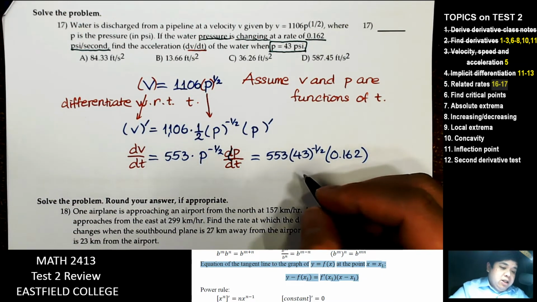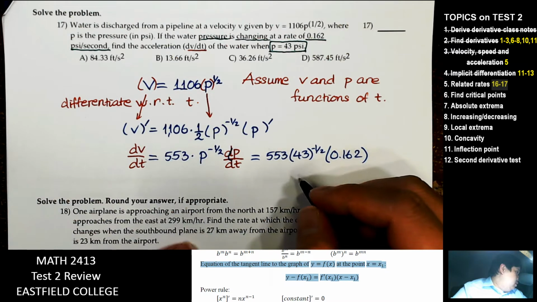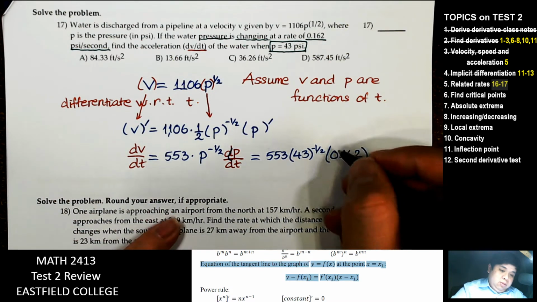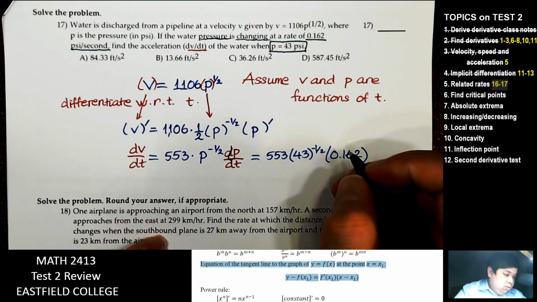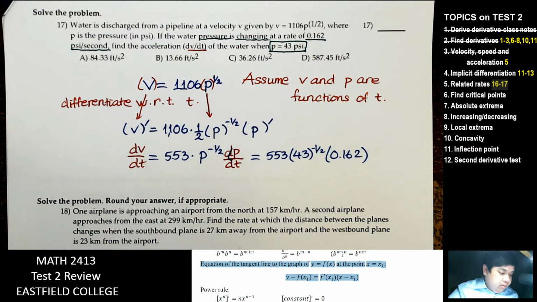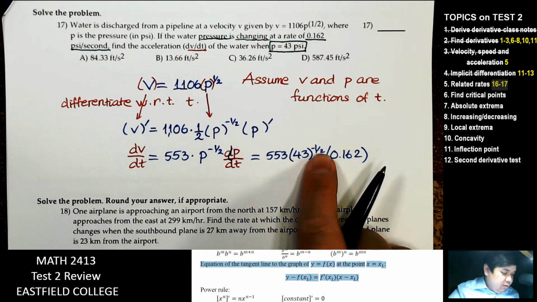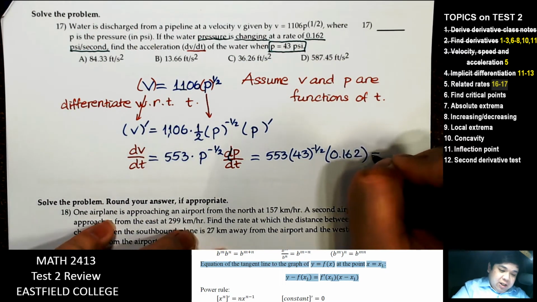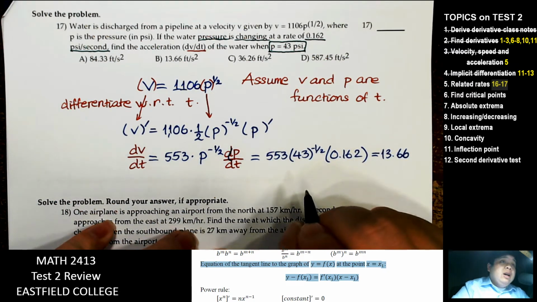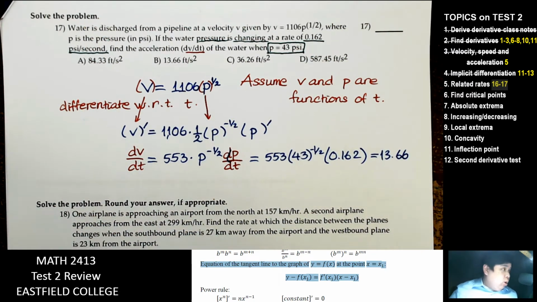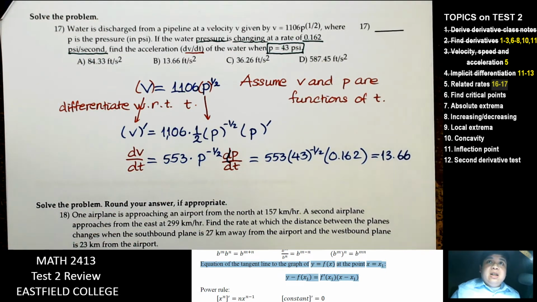Sorry, negative 1/2. Focus on that. I got 13.66, and then the unit. Right, we already did something similar to 18 in class, so I'm not going to do that again.